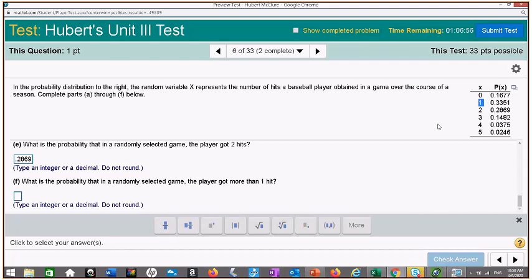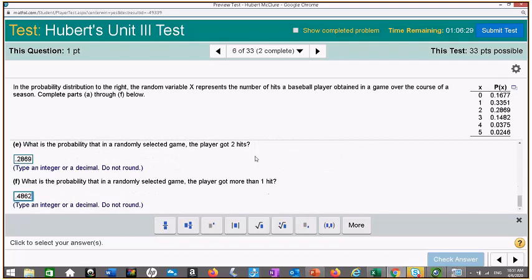I think it's 0.4862, because I just took the complement. I took 1 and 0 and added those up and subtracted it from 1. And I got 0.4862. And that should be your answer.